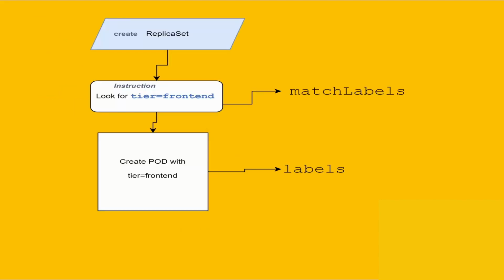So first we need to create a replica set, and we instruct our replica set to look for the tier equal to frontend label and then create a pod and attach the label tier equal to frontend, so that when this pod is created, it will be acquired by the replica set.